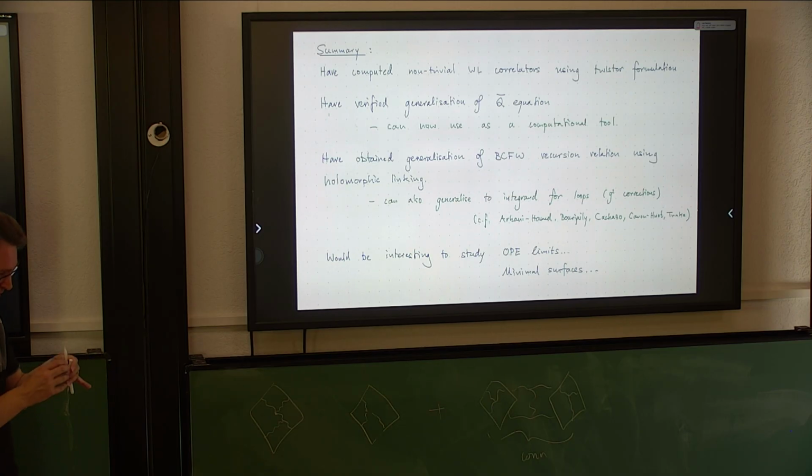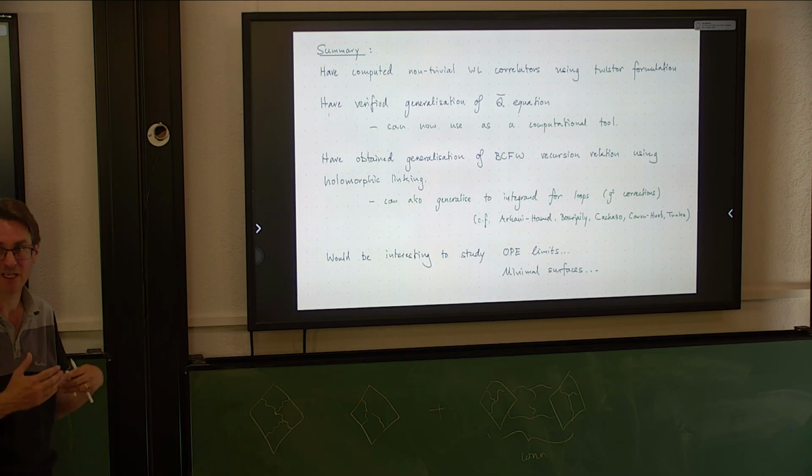We got some basic simple structural answers about the simplest components. We didn't verify a generalization of the Q-bar equation because I skipped it. But we did obtain a generalization of the BCFW recursion relation using this holomorphic linking approach. And we verified that we were getting sensible answers out of it.